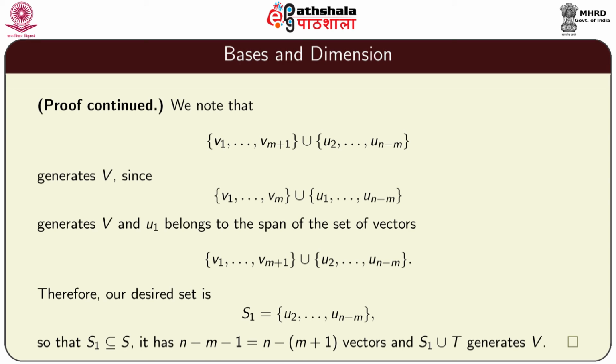S1 is of course contained in S, and there are precisely n minus (m plus 1) vectors within it, and S1 union T generates the vector space V. This proves the theorem because we have shown that the induction began with m equal to 0, and then we assumed the result for m and proved the result for m plus 1.